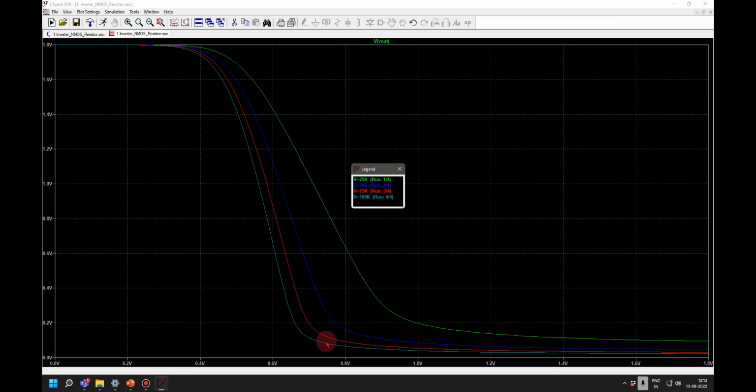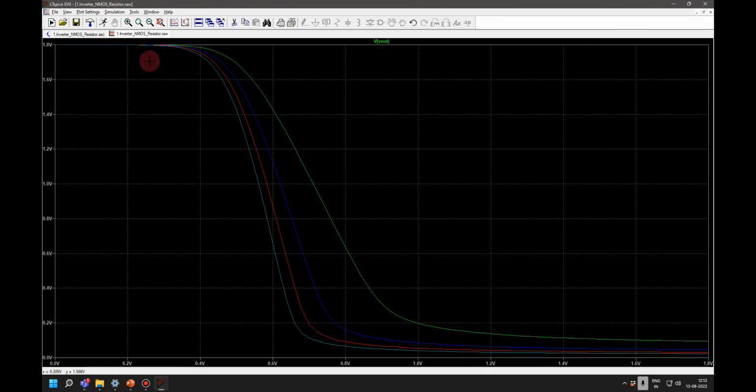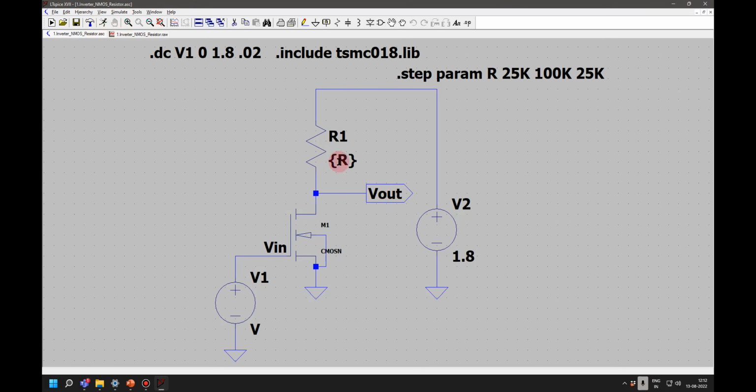But like we discussed in the theory class, I can get this better VOL and a sharper curve by increasing RL, but the drawback will be higher propagation delays. If I increase the value of R, then the propagation delay will increase.